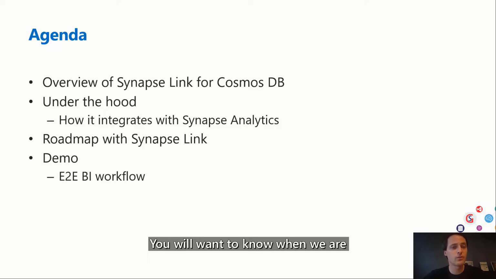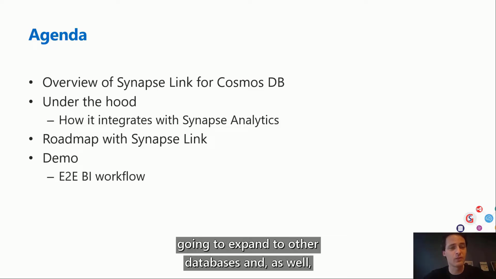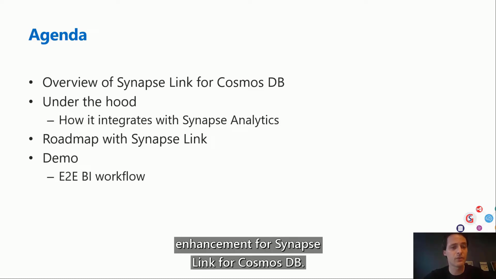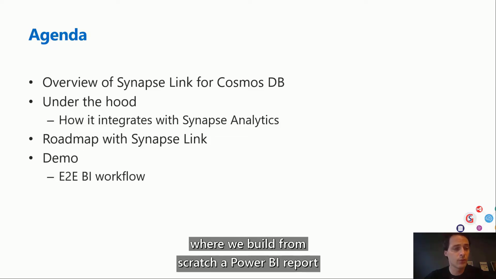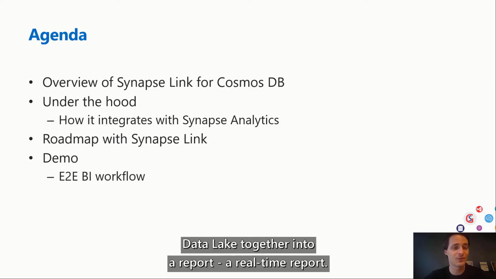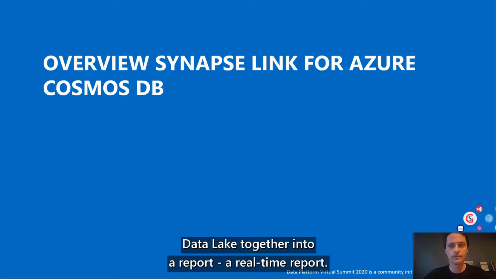You will want to know when we are going to expand to other databases, and also understand all the areas of enhancement for Synapse Link for Cosmos DB. We'll close that session with a demo where we build from scratch a Power BI report bringing Cosmos DB data and data lake together into a real-time report.